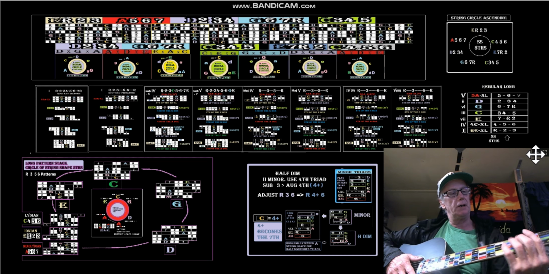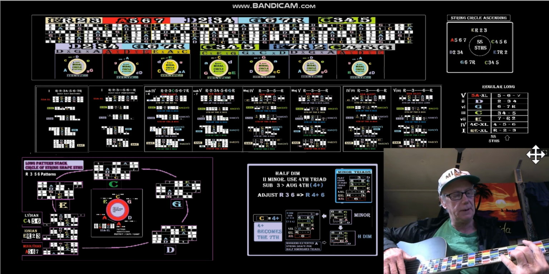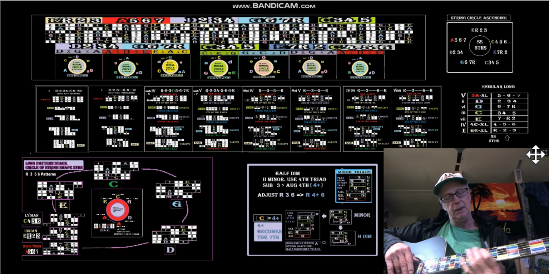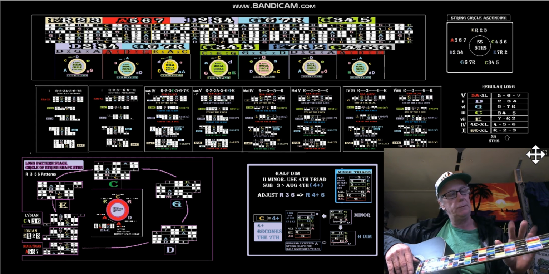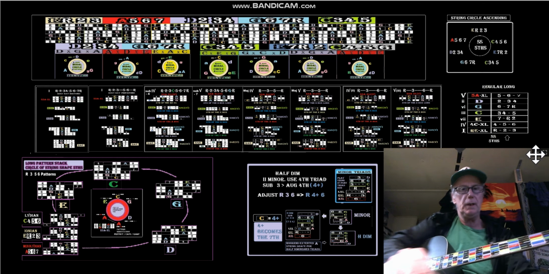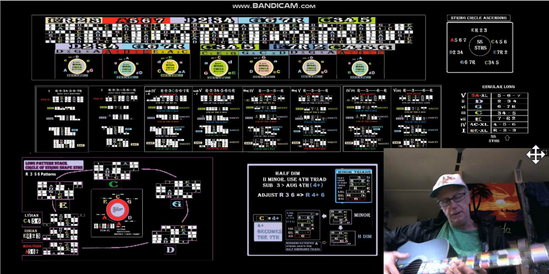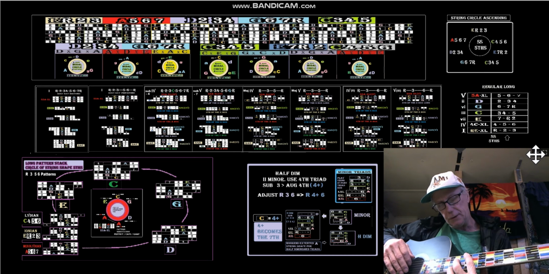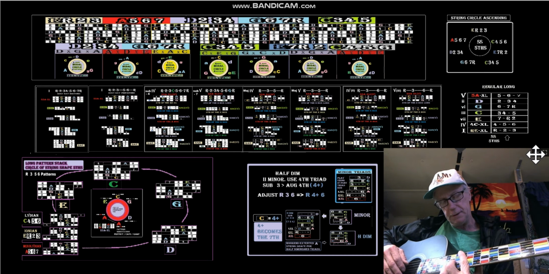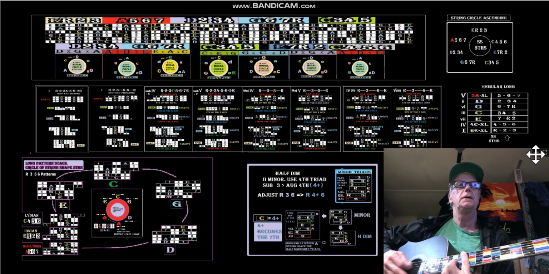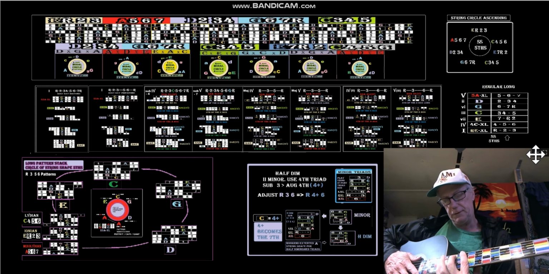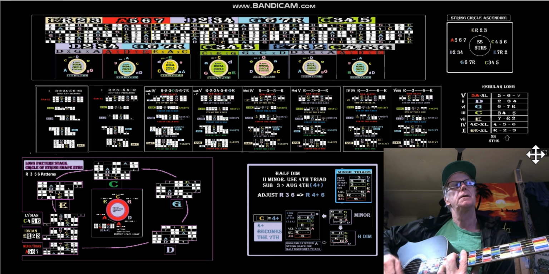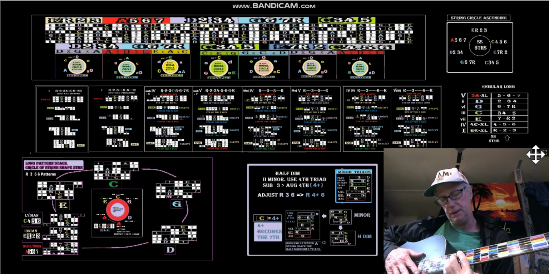And then the D box, we could start that down here. Okay, the D box would start, in this case, right here. So it would be the D box here. The fourth of D is the G shape. The fifth of D is the A shape.